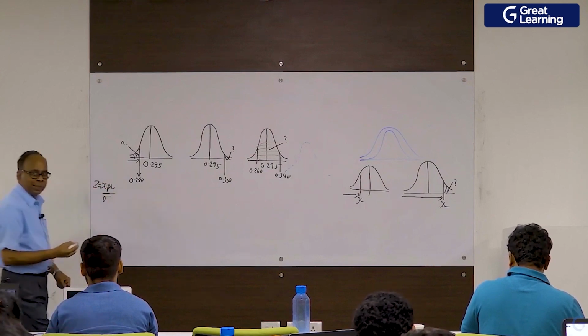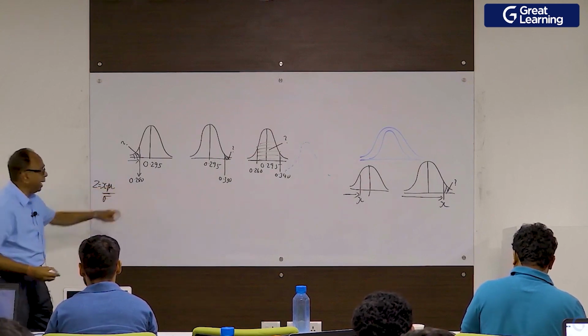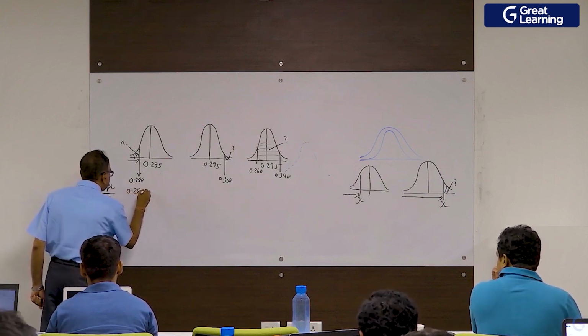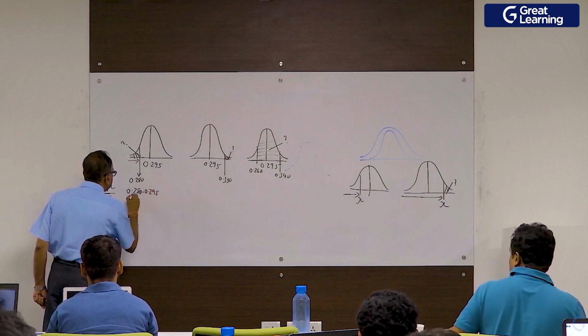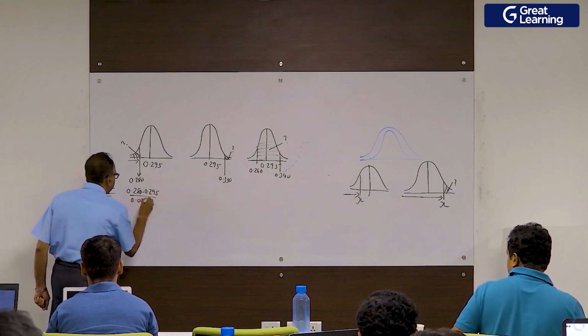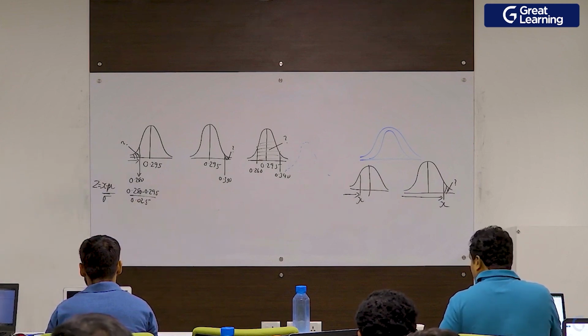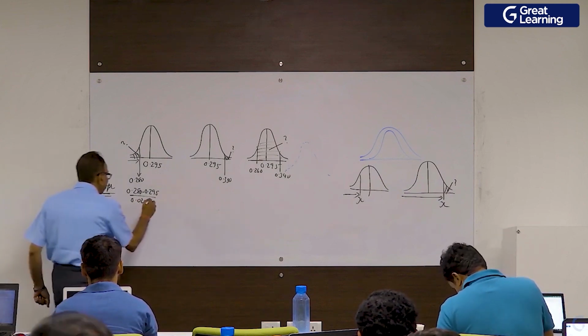Am I right? So this 0.28 will become (0.28 minus 0.295) divided by sigma 0.025. How much is it? Minus 0.6.